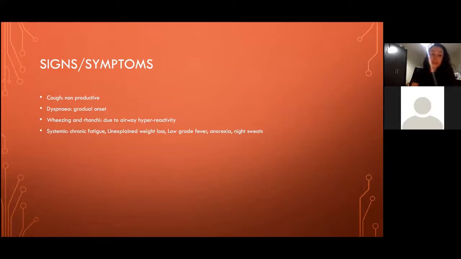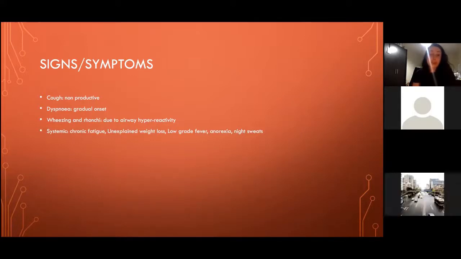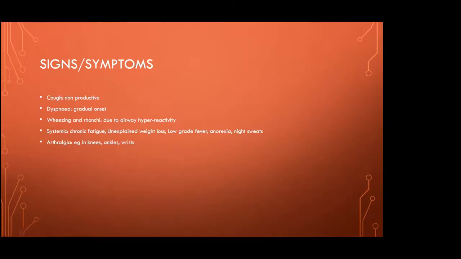Some systemic symptoms include chronic fatigue, unexplained weight loss, a low-grade fever, as well as anorexia and night sweats. Also arthralgia, so joint pain, which can commonly be in the knees, the ankles and the wrists.